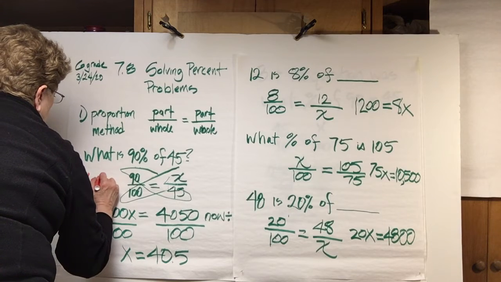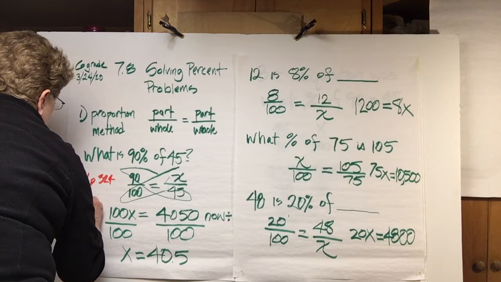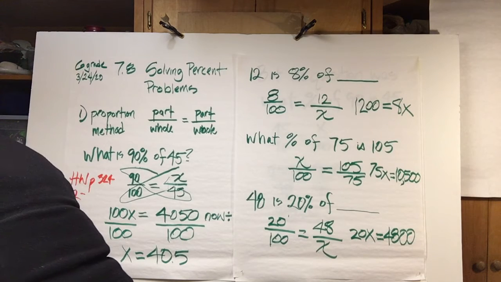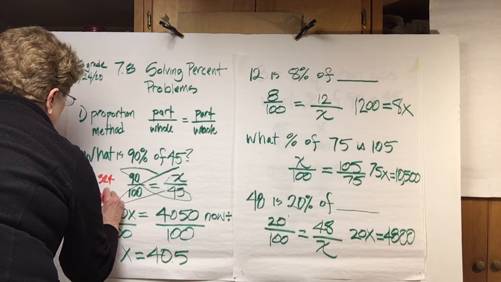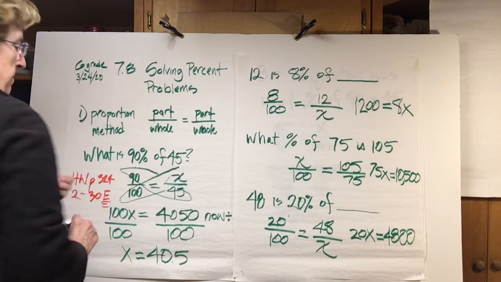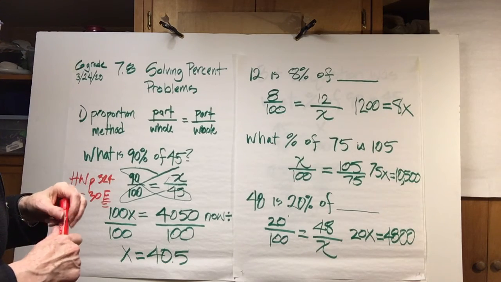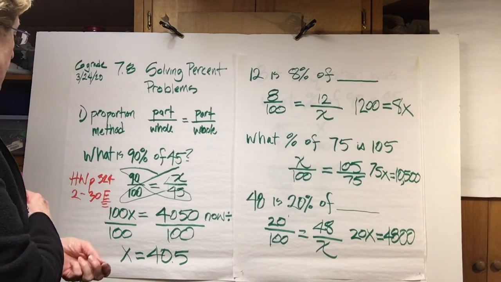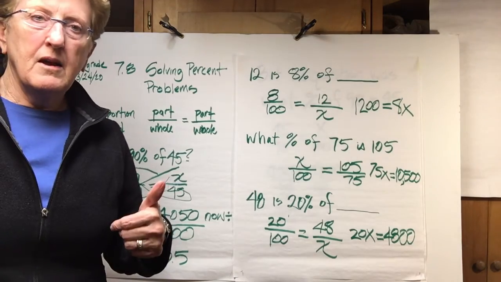Page 324, 2 through 30, evens. All right? Can you see that there? Homework, page 324, 2 through 30 evens. Have a good day.